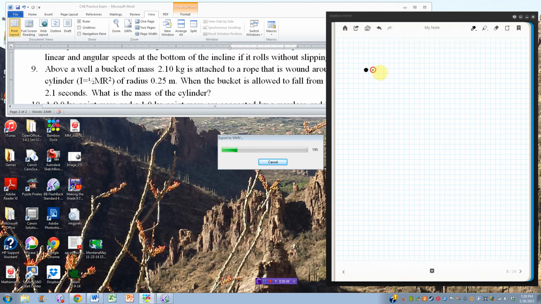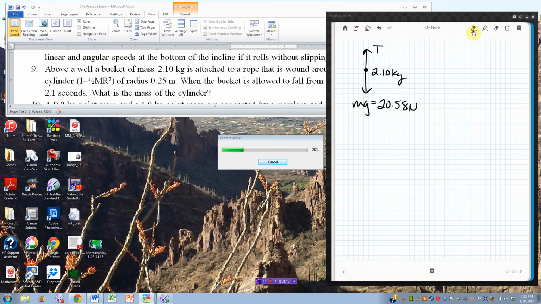The bucket has a mass of 2.1 kilograms, and it has its own force of gravity pulling on it, which in this case is 2.1 times 9.8, or 20.58. I'm not going to round that because we'll need as little rounding error as possible later. And the tension in the rope on the bucket will be pulling up.